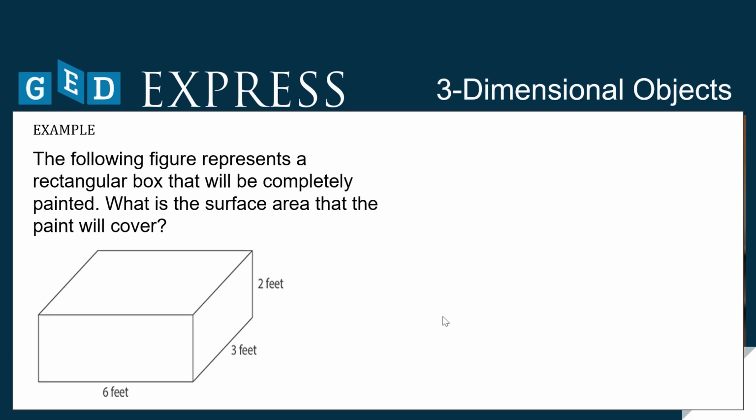Now, the rectangular box is the same as a rectangular prism. And to find the surface area, we can use the formula SA is equal to 2AB plus 2BC plus 2AC.